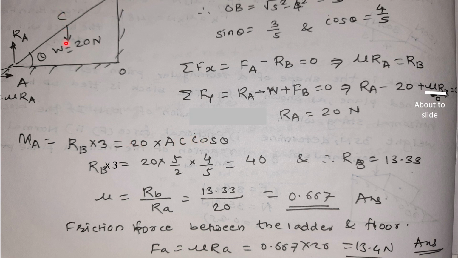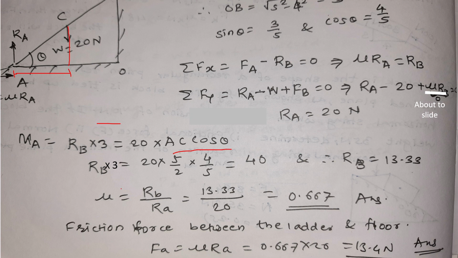This 20 is the weight W acting in the downward direction, and what AC cos theta indicates is the vertical or perpendicular distance from point A. Because this weight W is acting at point C, if you take the line of action about this point, then the vertical distance we get is nothing but AC cos theta. So here we have written AC cos theta, this distance.